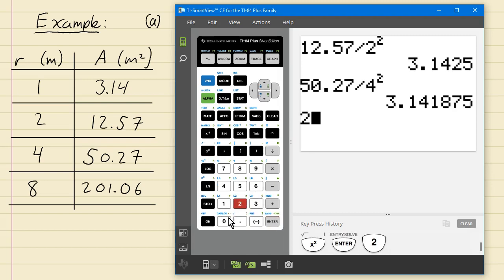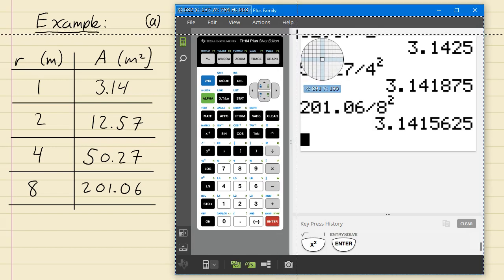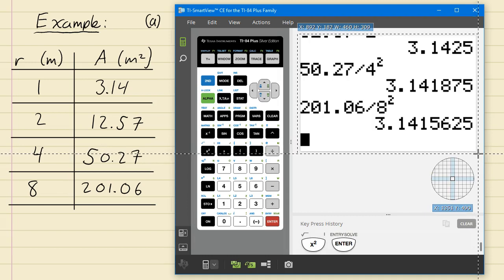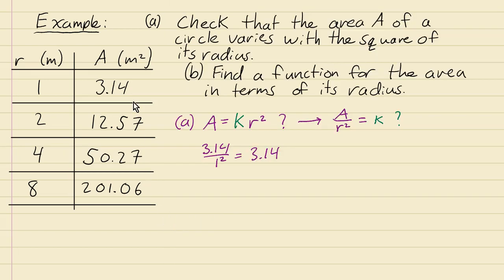If we do 201.06 divided by 8 squared, we get about 3.14. I'm going to go ahead and say those all came out slightly off because we probably rounded off these areas in the first place. They're all good to at least 2 decimals.